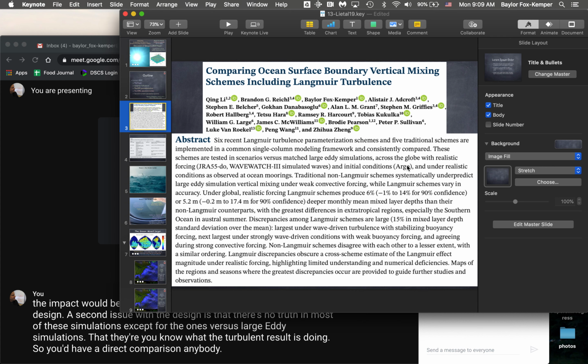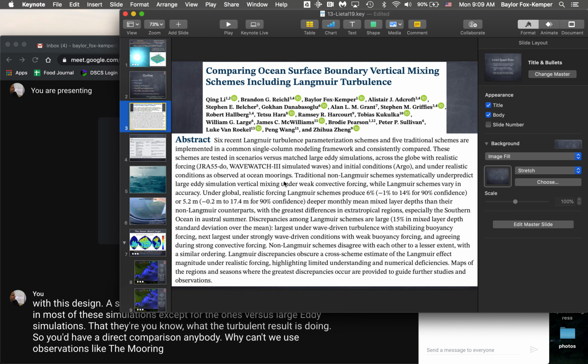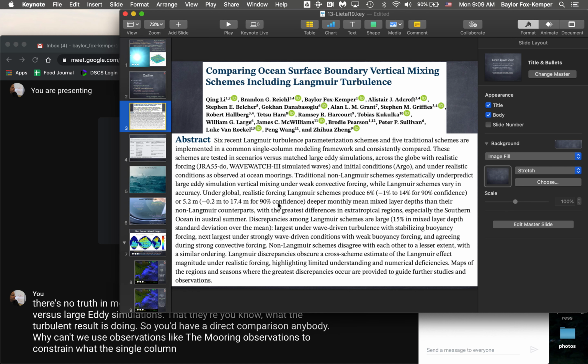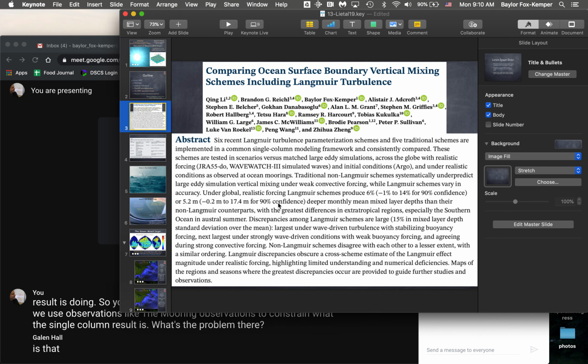Why can't we use observations like the mooring observations to constrain what the single column result is? What's the problem there? Is that because there's interference from other scales? Yeah, exactly.